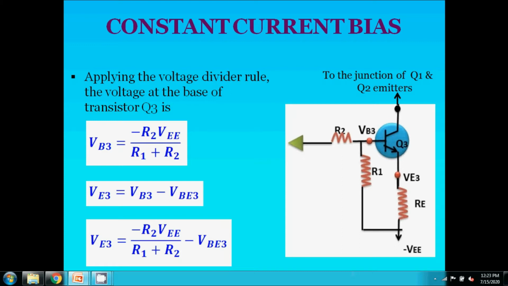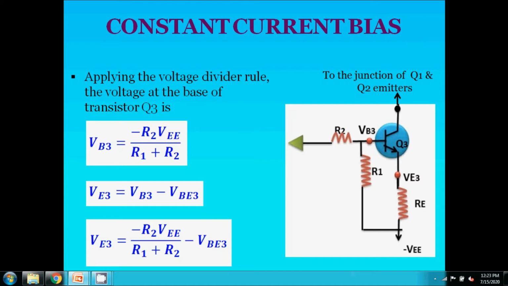Now we have to find out the emitter voltage of transistor Q3. The voltage at this point, VE3, is because of the base voltage of transistor Q3. As some voltage is developed at this point, this will cause the transistor to turn on, and between the base and emitter of the transistor there is some voltage drop, which we call the base emitter voltage VBE3.